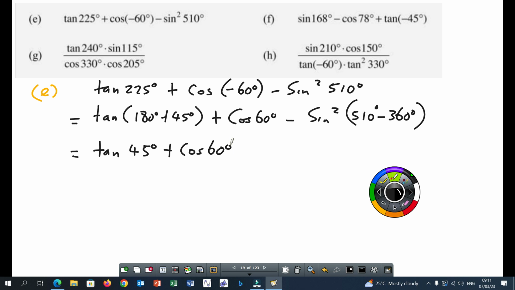That's from the second lesson last week. Then, from there, we've got minus sine squared 150 degrees.